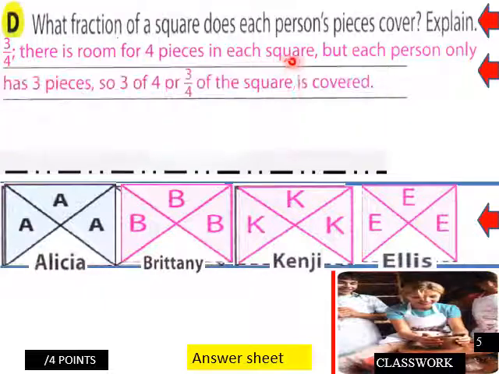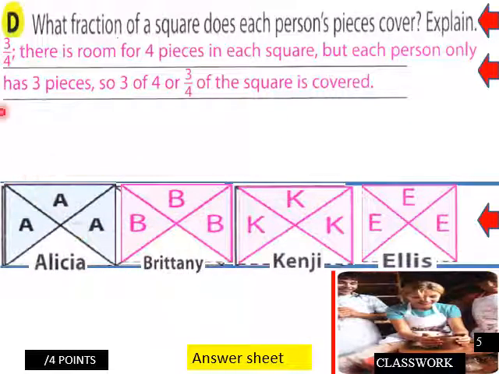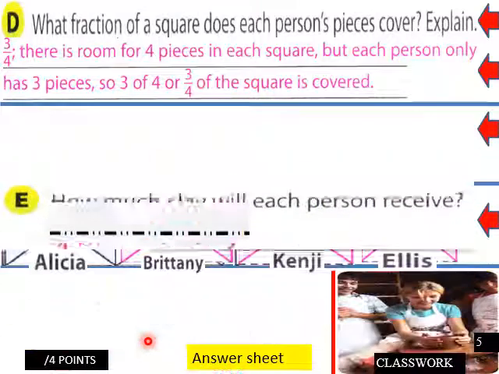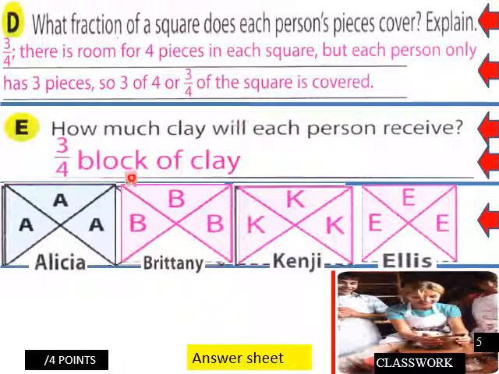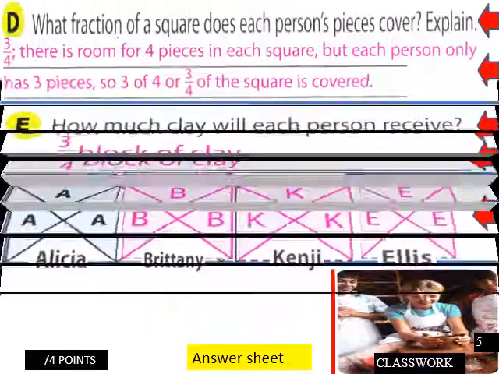There's room for 4 pieces in each square, but each person only has 3 pieces, so 3/4 of the square is covered. How much clay will each person receive? So 3/4 of a block of clay. So we've really reiterated that several times, and teachers, give your students time to respond to these questions. Ask your students to come to the board first before you do a quick reveal like I've done in this preview.